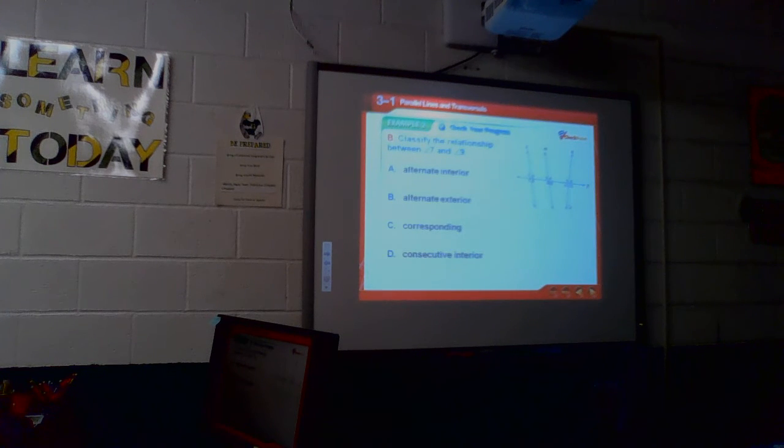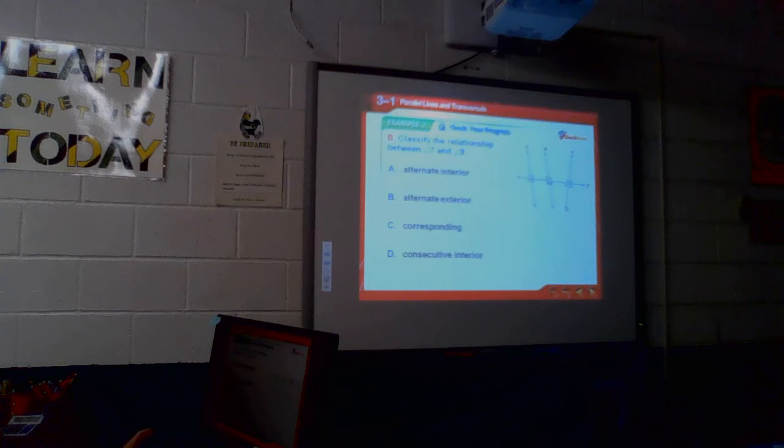Consecutive, they have to be on the same side of the transversal. And then the corresponding, basically, if you would pick up this set of 4 and set it on this set of 4, what angles are right on top of each other? Even though they might not look exactly alike, they're still in the same spot. Okay? That makes sense to everybody?